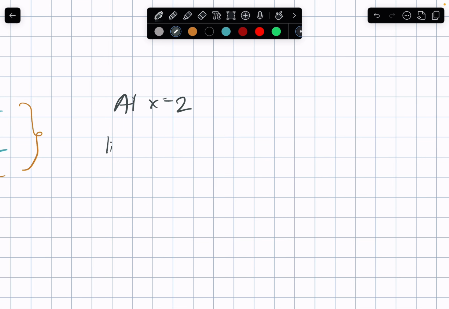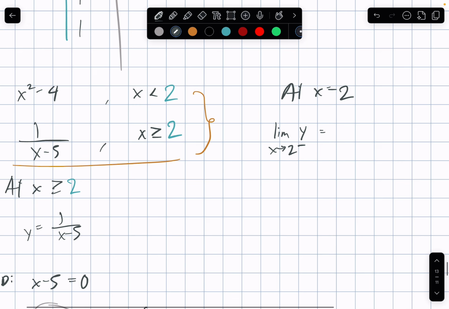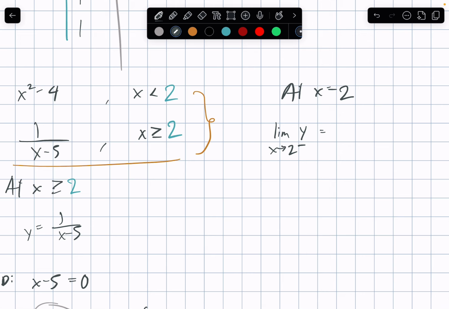So the limit of y as x approaches 2 from the left side, so any value that is less than 2, it fulfills this condition. So we use this function, 2 squared minus 4.